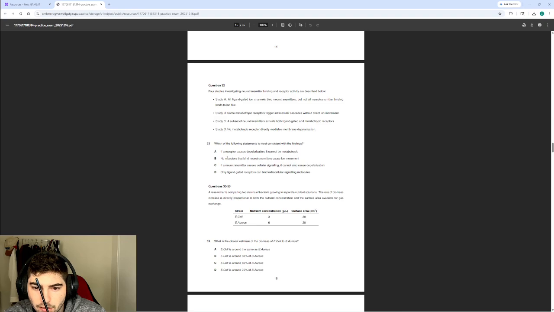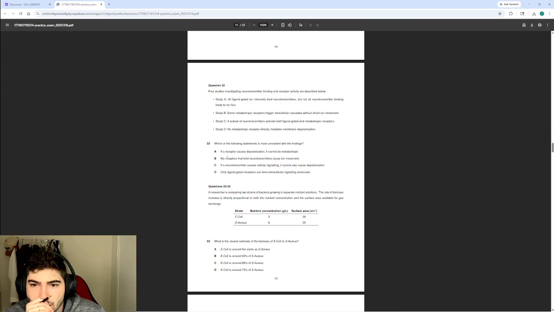Only ligand-gated receptors can bind extracellular signaling. Okay, so that's study A. And I like D, just because only ligand-gated receptors can bind extracellular signaling molecules.